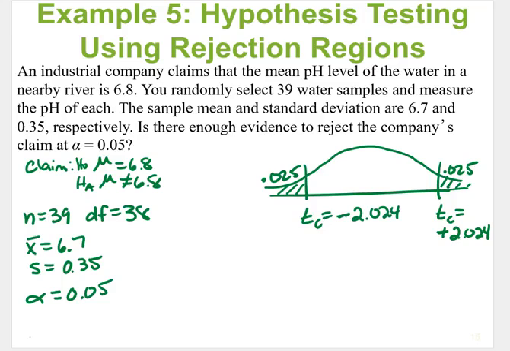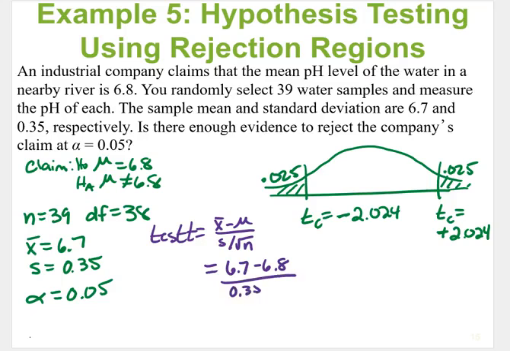Now we need to find our test t and see where it falls. Does it fall in the rejection zones, or does it fall in the middle? Let's go find out. Our test t is x bar minus mu over s divided by the square root of n. X bar is 6.7, mu is 6.8, divided by the standard deviation, divided by the square root of 39.